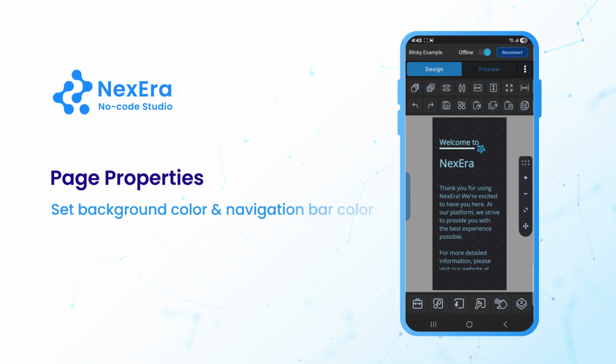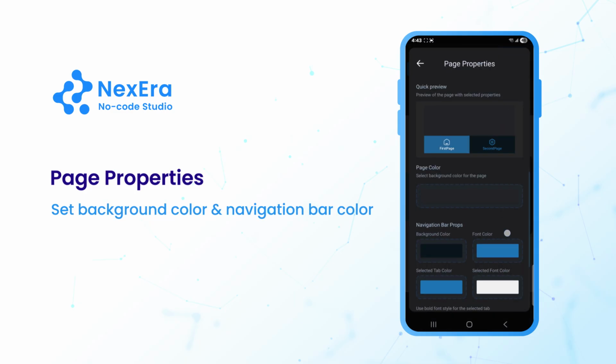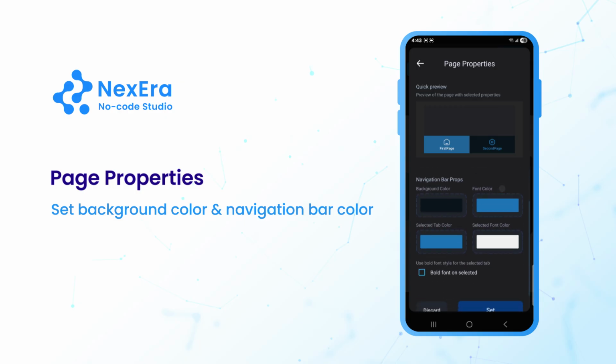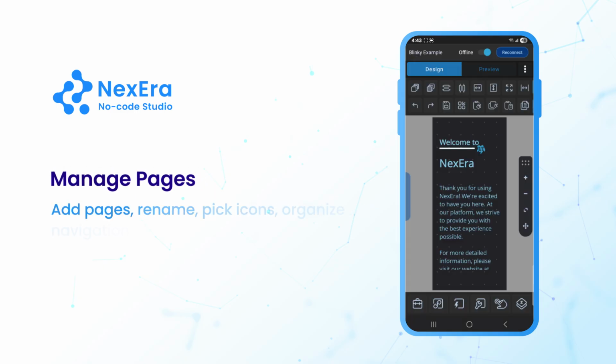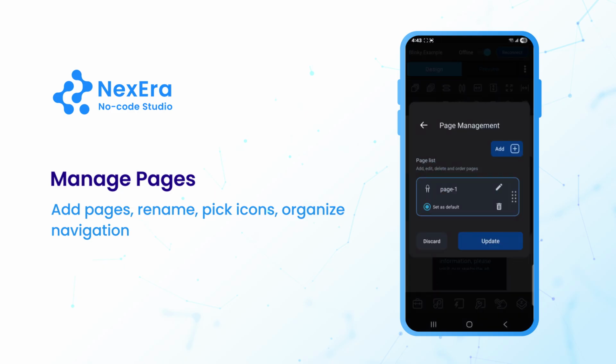Next item, Page Properties, lets you set the background color of each page, change the navigation bar color when you have multiple pages, and then Manage Pages. You will see this option only if you turn on multi-page when creating your project.